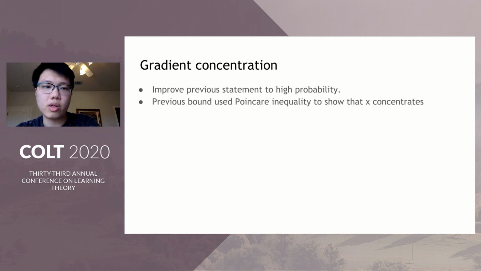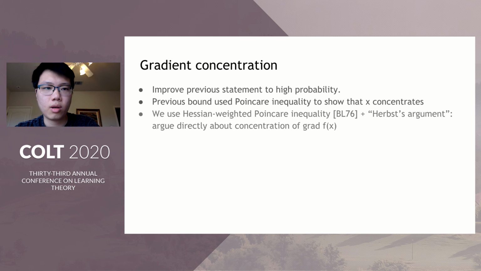The proof technique we use is that the prior work, in order to show this high probability bound, uses a Poincare inequality with strong convexity to show that the point x concentrates, and then applies smoothness. Now we use a Hessian-weighted variant of this Poincare inequality to get a slightly tighter bound, and then we boost this to a high probability guarantee using what's known as Herbst's argument. So the main idea here is that we're going to bypass this argument of concentration of x and directly argue about concentration of grad f.